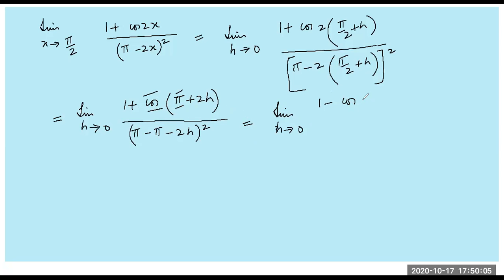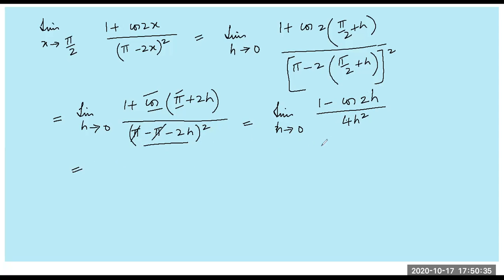So it will be 1 minus cos 2h divided by, so what do I get here? What is pi minus 2h squared? This cancels out, minus 2h squared is 4h squared. Is it right, Ishma? Yes, sir.